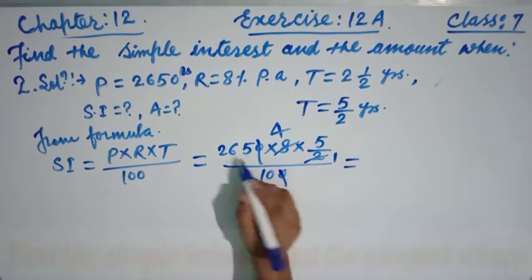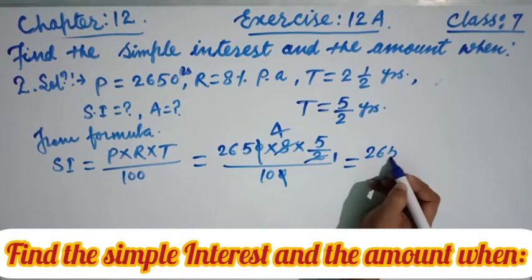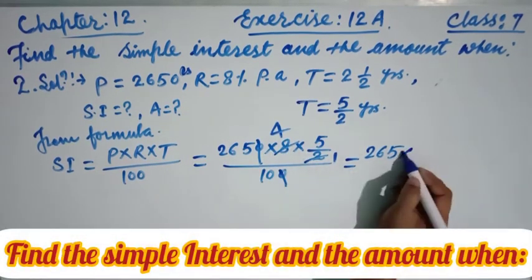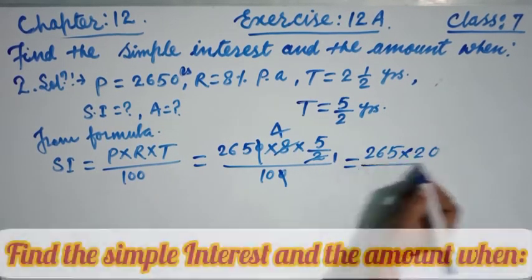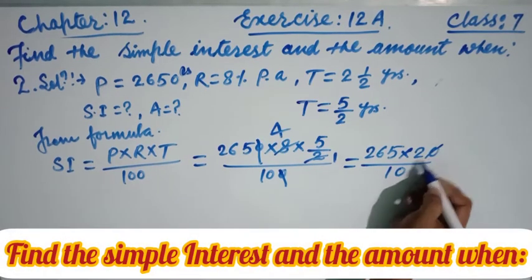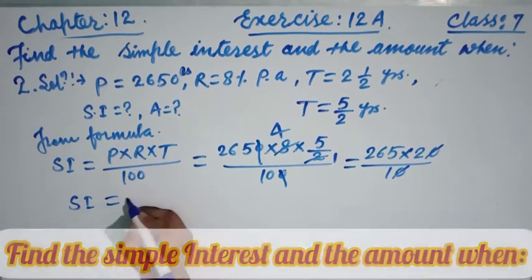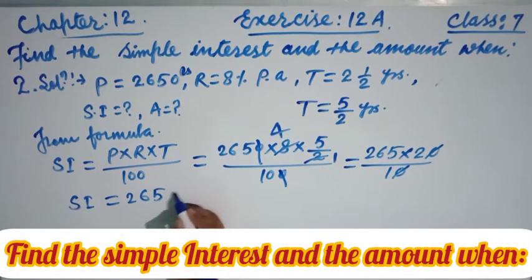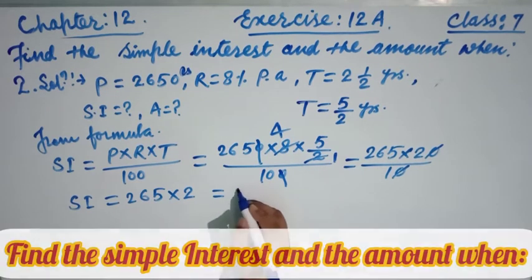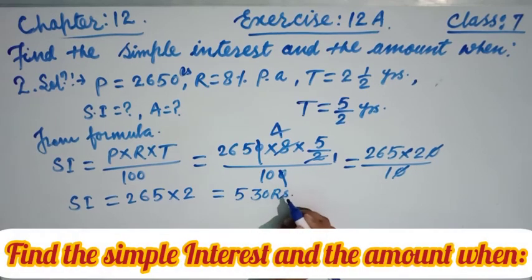Now multiplying, 265 as it is, and 4 multiplied by 5, this is 20, divided by 10. So this zero will get cancelled. Hence SI is equal to 265 multiplied by 2, which is 530 rupees. So this is SI.